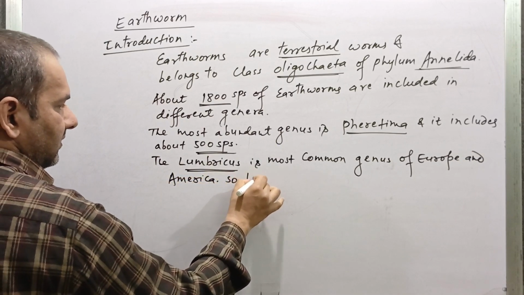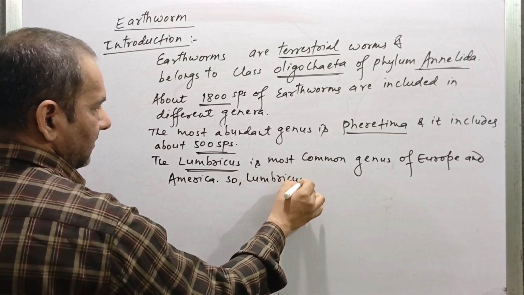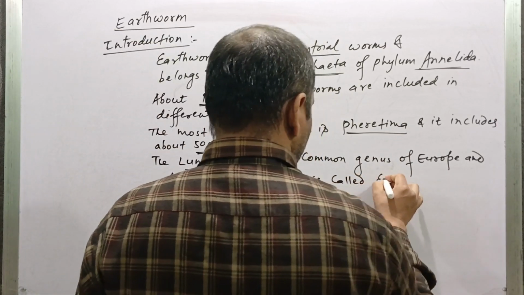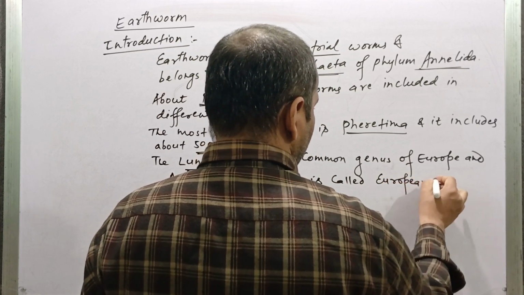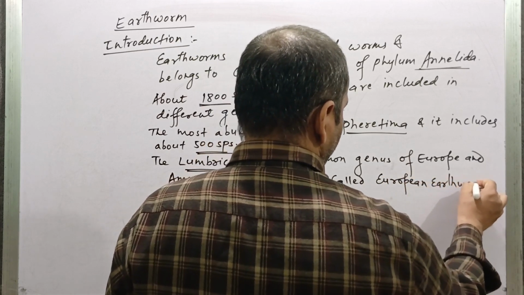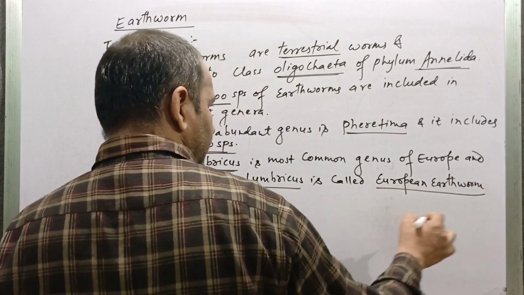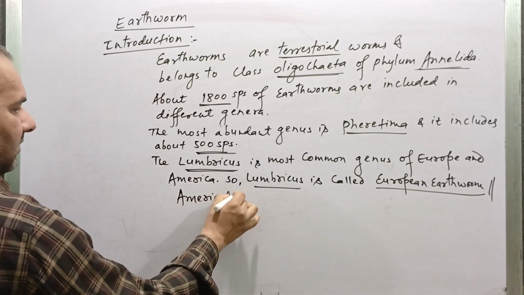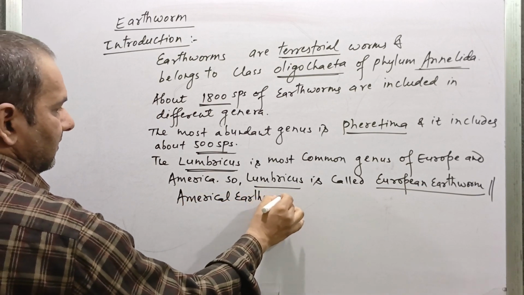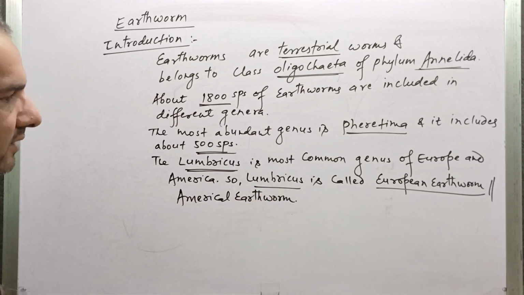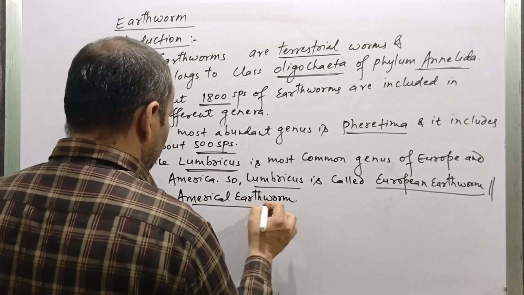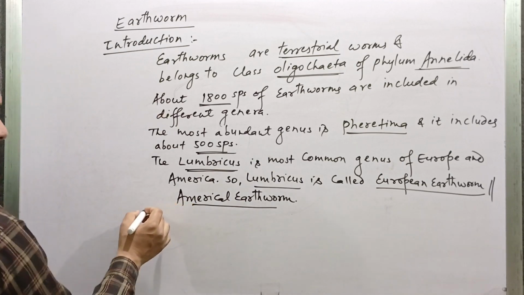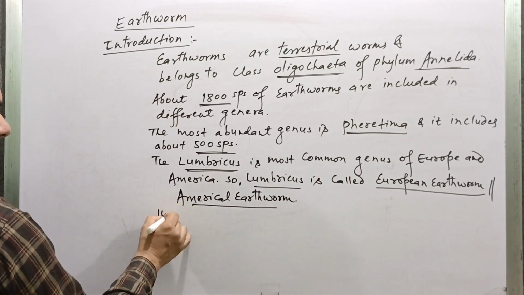So, Lumbricus is called European earthworm as well as American earthworm. Lumbricus is regarded as European earthworm or American earthworm because it is the most abundant genus of Europe and America.